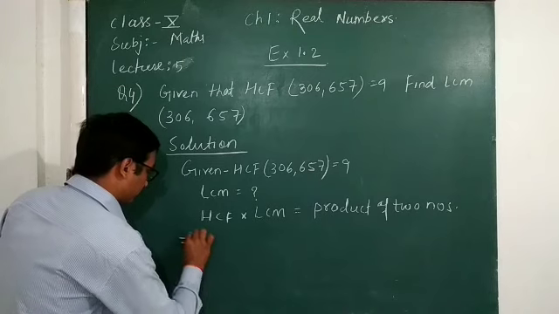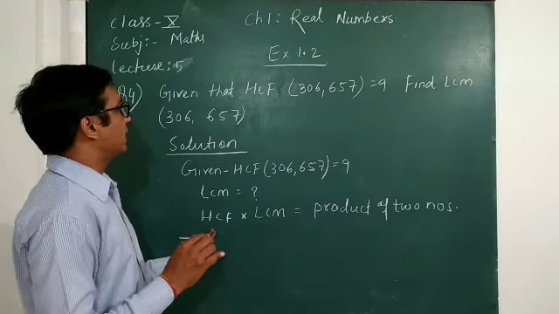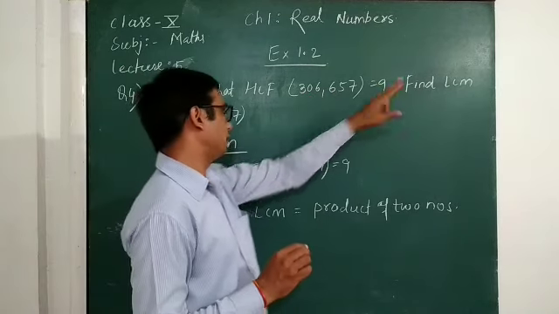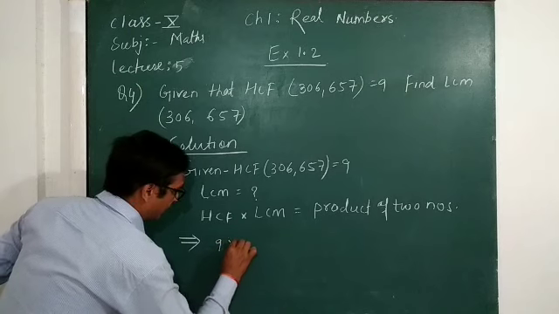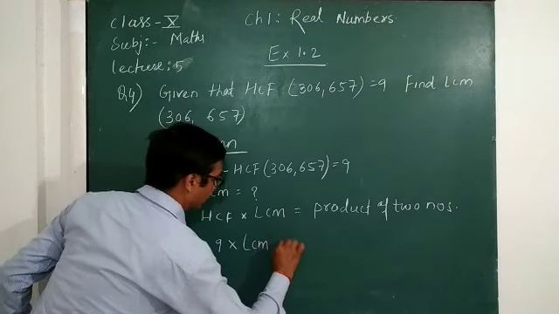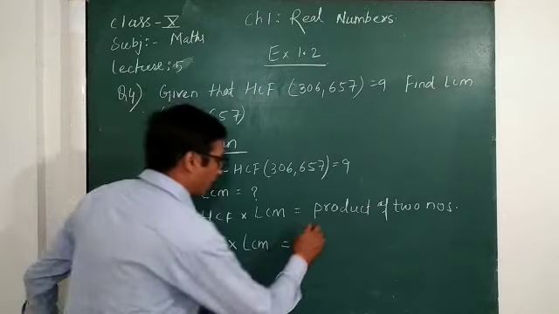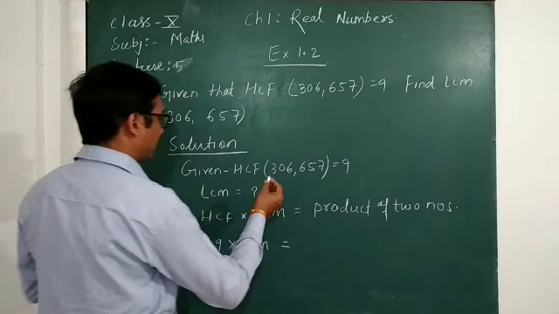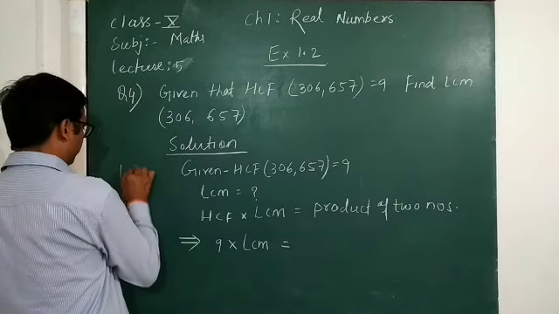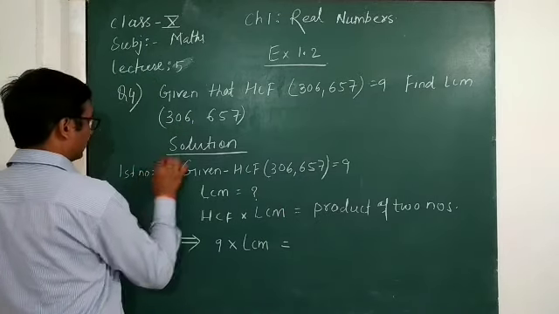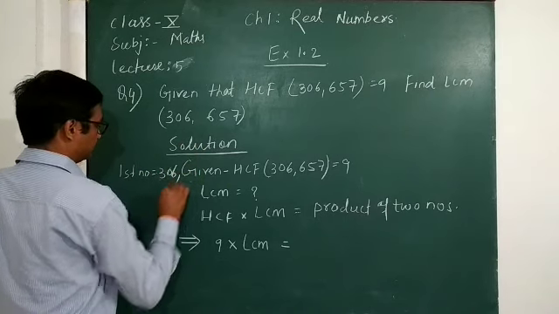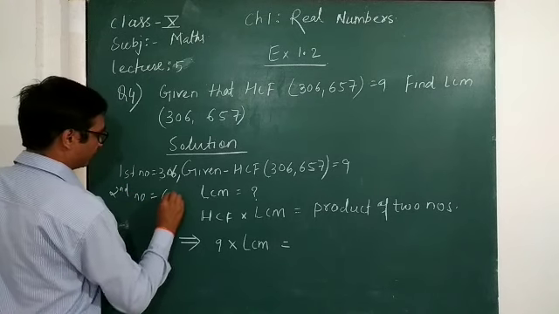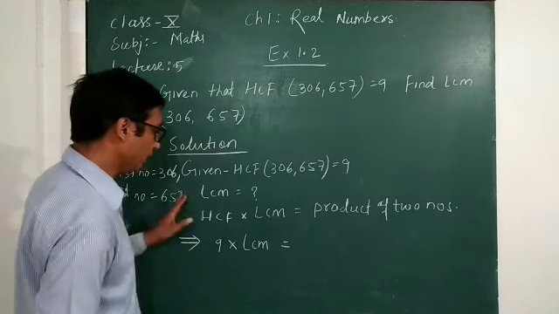Now we will put the value of the HCF of 306 and 657, which is 9. So 9 into LCM, which is not known, so it will remain the same. Now the product of the two numbers: the first number is 306 and the second number is 657.